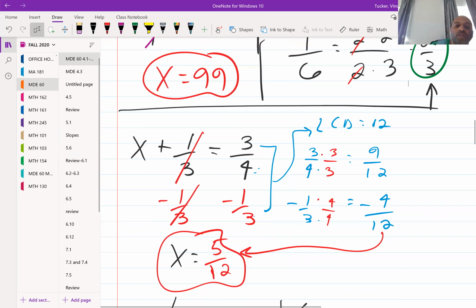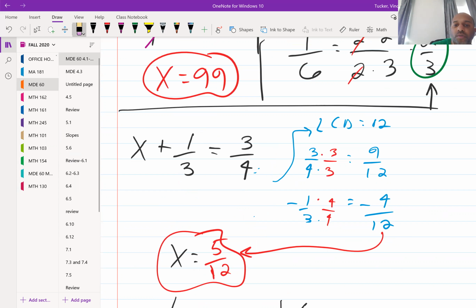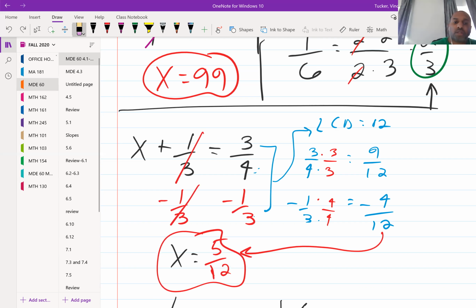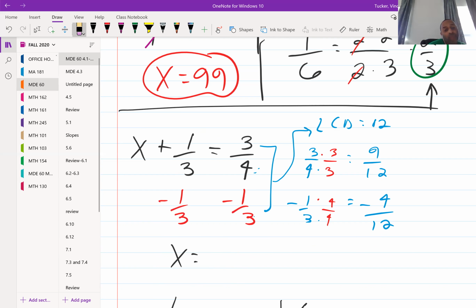All right. So let me erase some of this so we can walk through it. If I have x plus 1/3 equal to 3/4, and I want to solve for x. It's the same thing that we did previously, just that this time we have fractions involved. So we would subtract 1/3 from both sides. The 1/3 will cancel on the left. And then on the right, we have 3/4 minus 1/3.